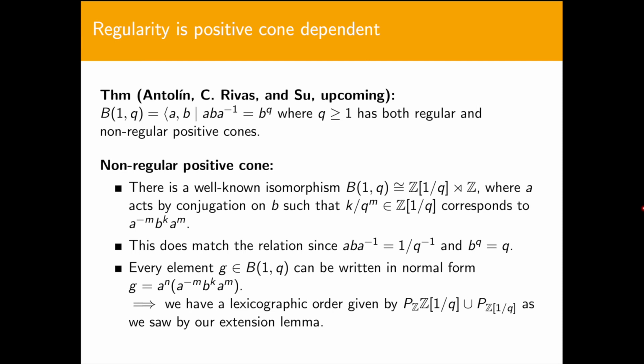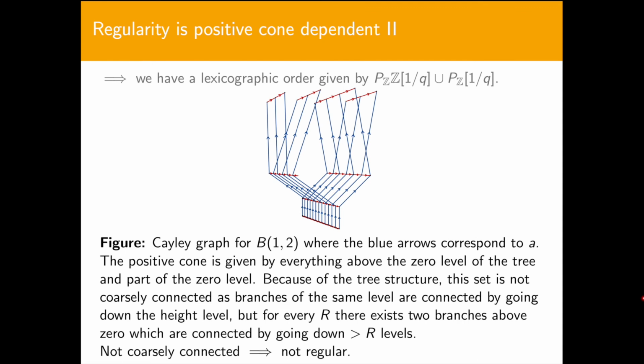Therefore, we have a lexicographic order given by a positive cone on Z times the q-adic rationals, with a positive cone for the q-adic rationals, as we saw by our extension model.